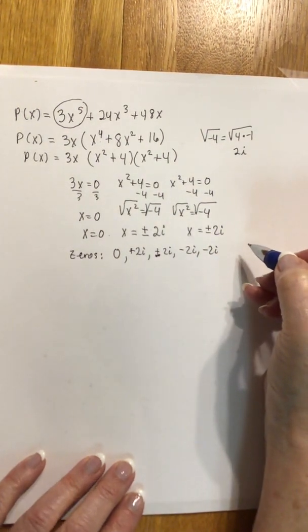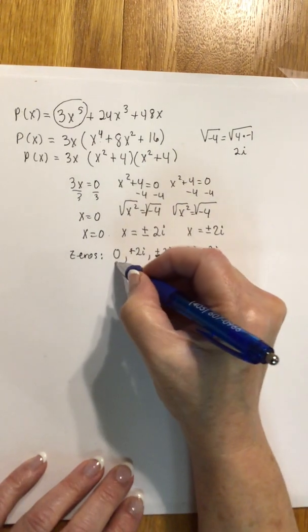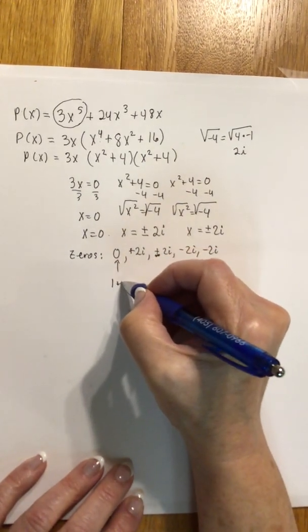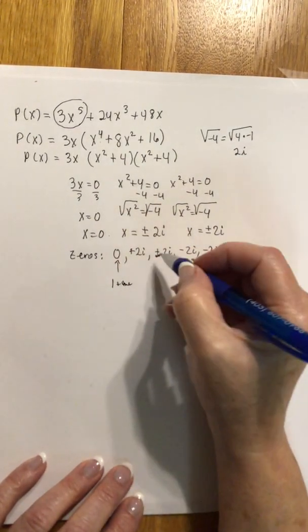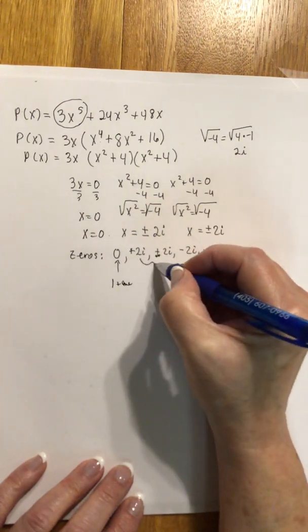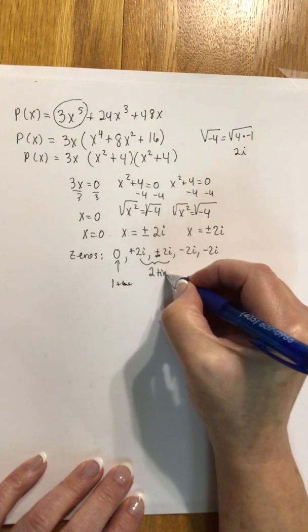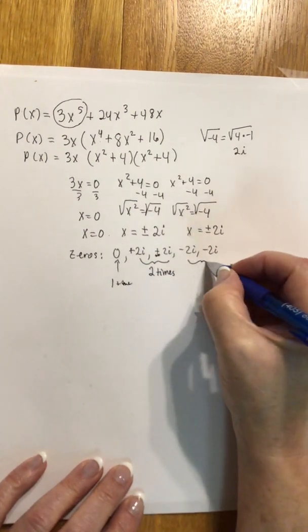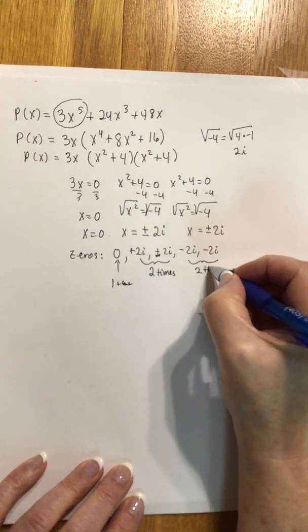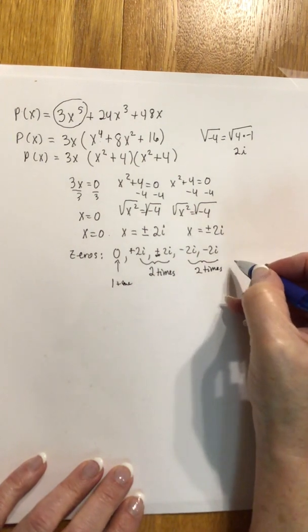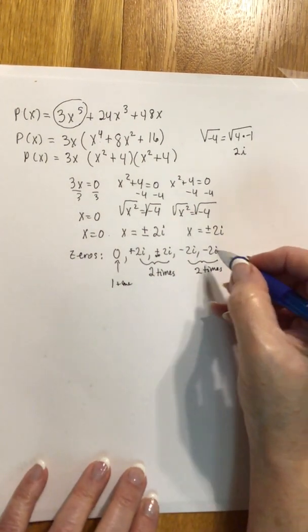Now the reason why I wrote them out that way is this one occurs one time, but the positive 2i occurs 2 times, and the negative 2i occurs 2 times. So this is what we were talking about a minute ago.